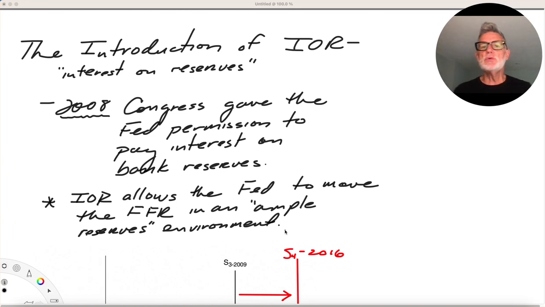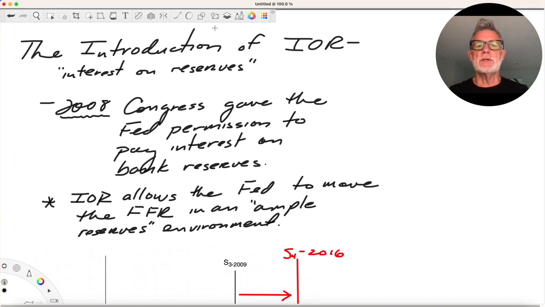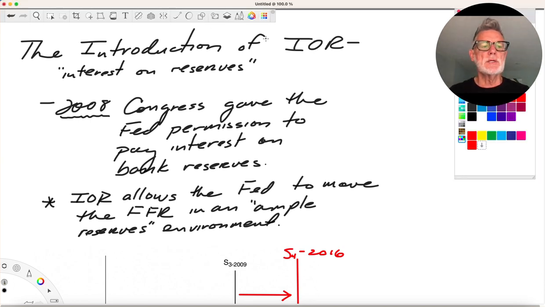So this is a new tool effectively that the Fed is using, and it's a tool that did not exist prior to 2008. Prior to 2008, the Fed was not paying interest on reserves and was legally not allowed to do that.